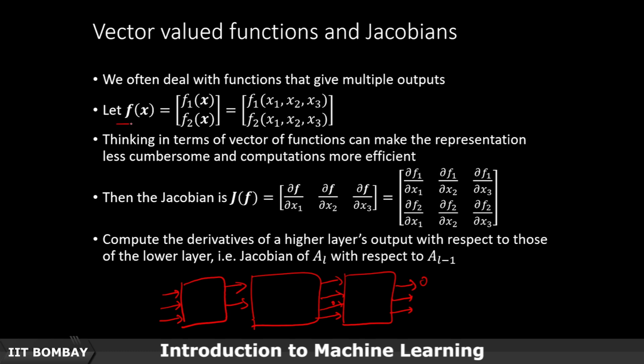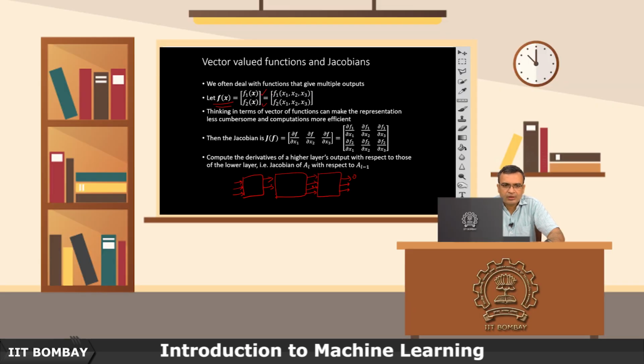So let's say we have a vector-valued function f of x, and it has two dimensions, f1 and f2, which is what is shown here, and x itself has three dimensions, x1, x2 and x3. So you have f1 of x1, x2 and x3, and f2 of x1, x2 and x3.